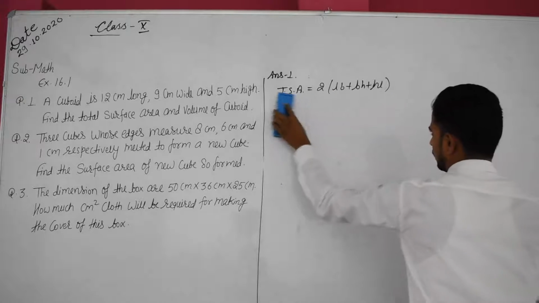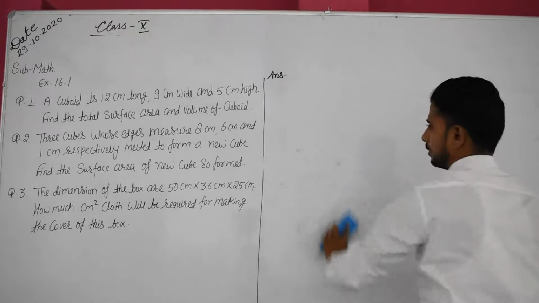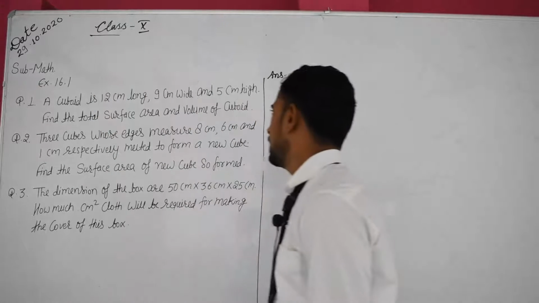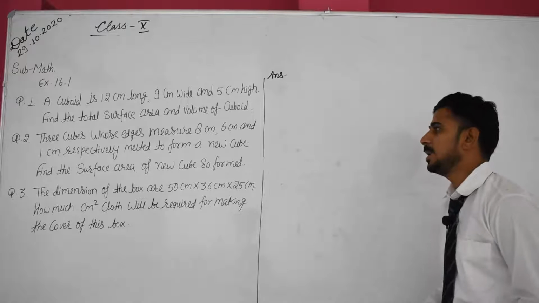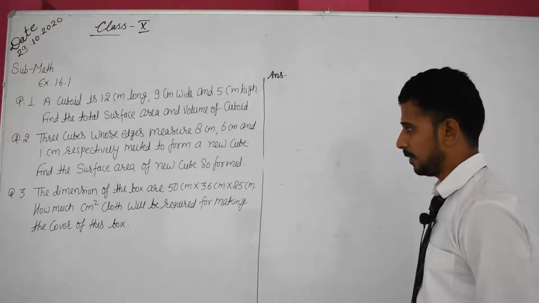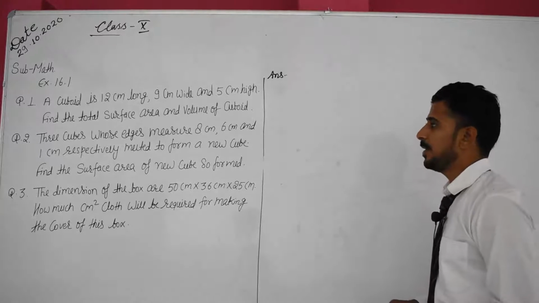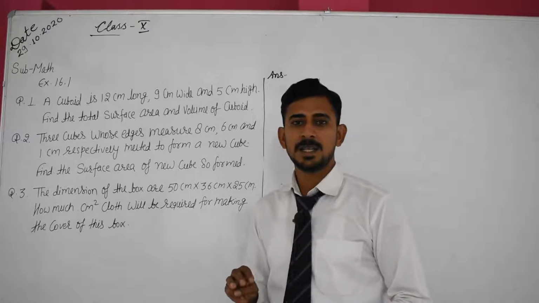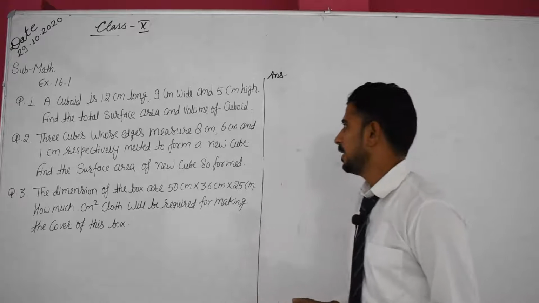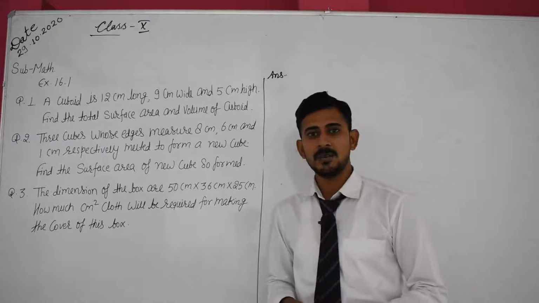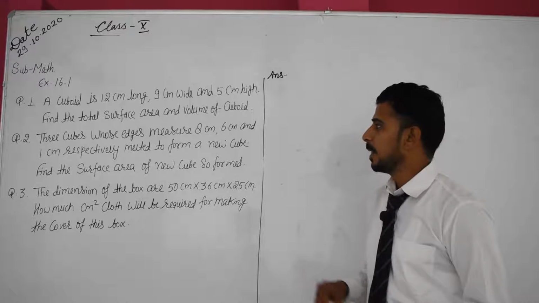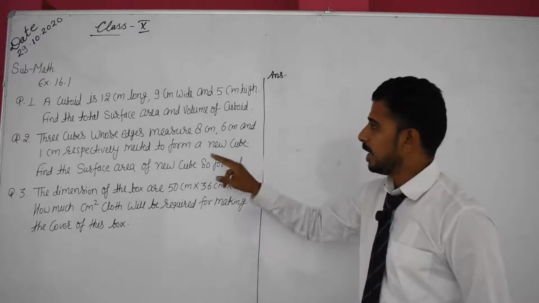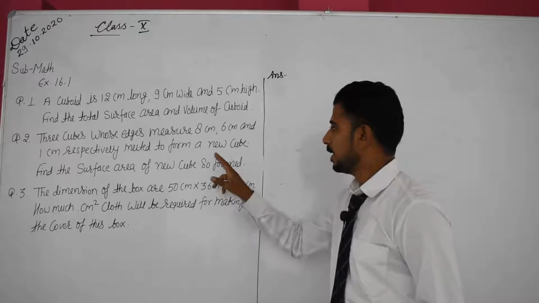Second question is: 3 cubes whose edges measure 8 cm, 6 cm and 1 cm respectively are melted to form a new cube. Means 3 cubes whose edges are given, first 8, second 6 and third 1 cm, are melted to form a new cube.